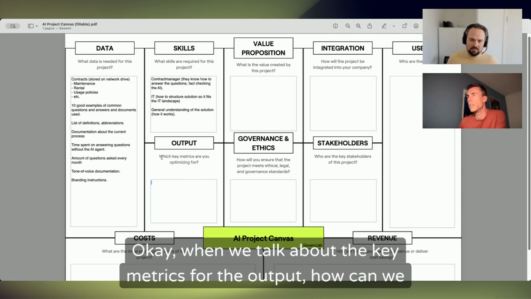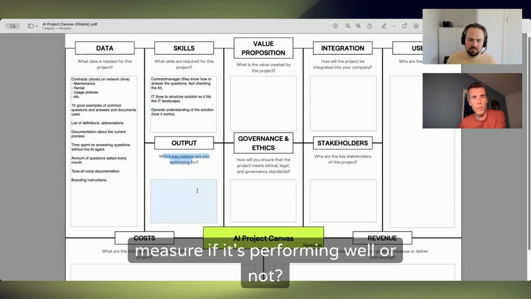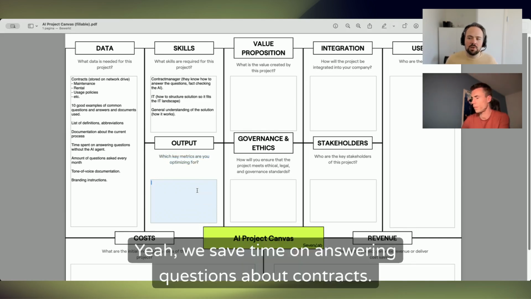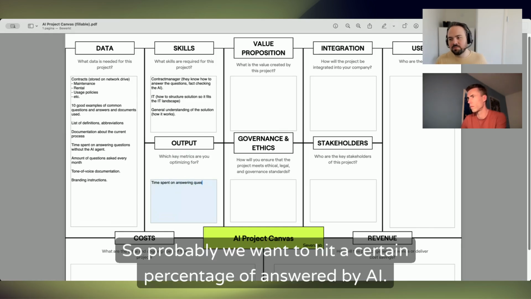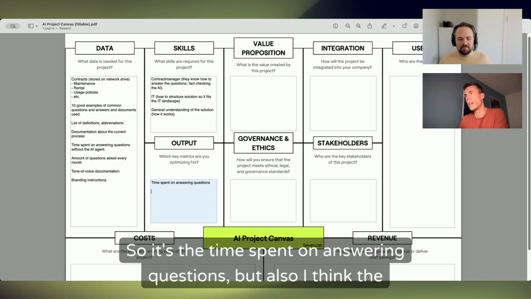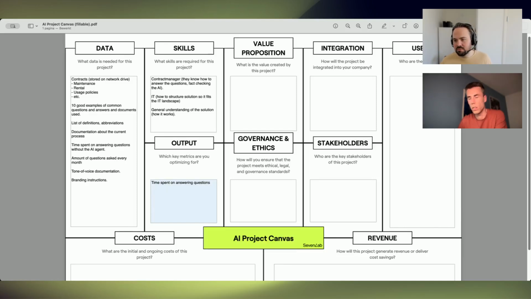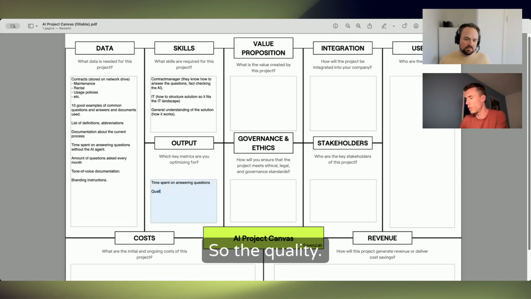Okay, and when we talk about the key metrics for the output, so how can we measure if it's performing well or not? Yeah, we save time on answering questions about contracts. So probably we want to hit a certain percentage answered by AI. So it's the time spent on answering questions, but also I think the accuracy, right? Yeah, so the quality X percentage.